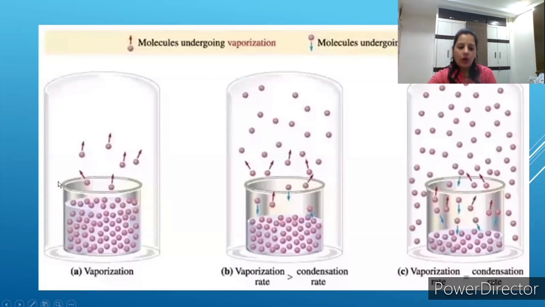The water contains many molecules. These circular parts are nothing but the water molecules. Now this water has a volatile nature, so it is going to evaporate when it is kept in an open container. Now if I close or seal this container, what will happen?